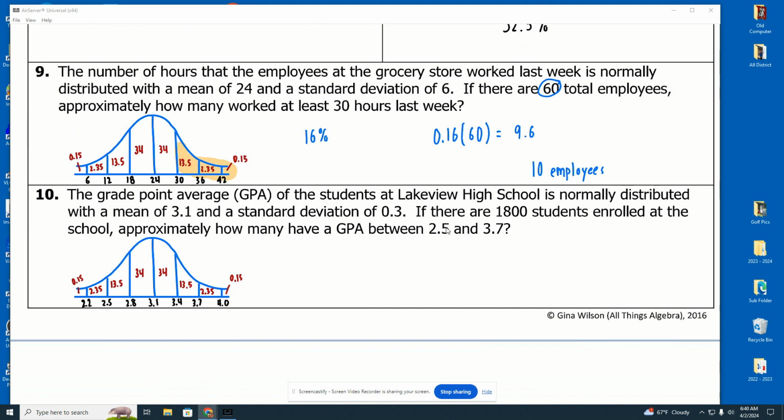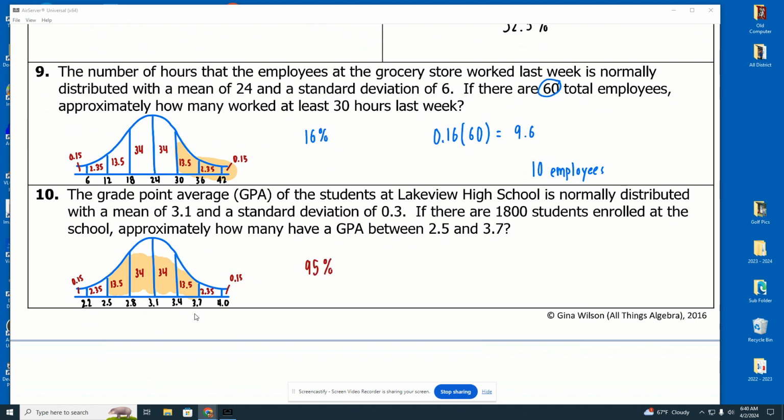So again, once you have these labeled, and I know it seems like a lot to label, it's really easy to find that range, and that range is basically 2 standard deviations. Hopefully you remember that 2 standard deviations is 95%.